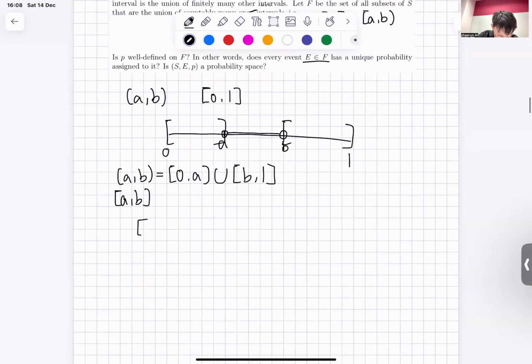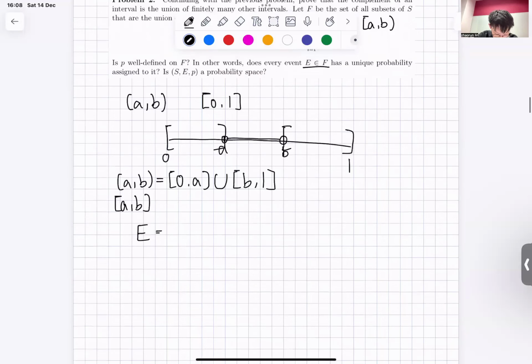We can see that the event is a union of intervals, for i equals 1 to infinity. I'm just using open intervals here, but you can show it using any intervals.